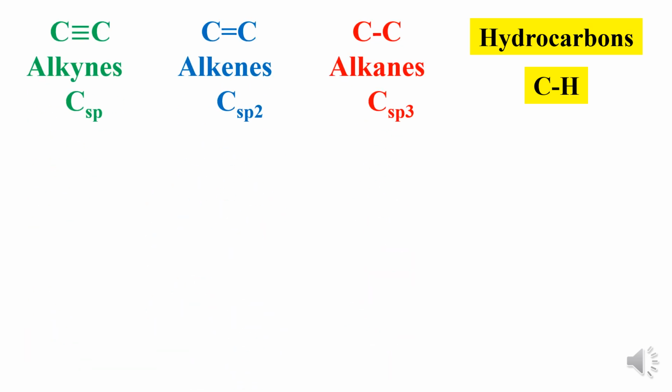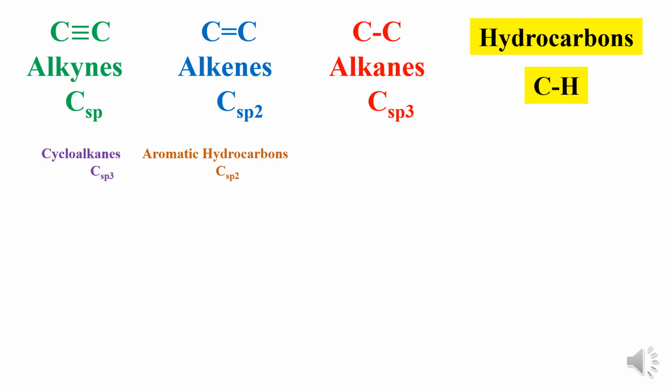The first class are acyclic or open chain compounds like alkanes, alkenes and alkynes. While the second class are cyclic or closed chain compounds like cycloalkanes and aromatic hydrocarbons.